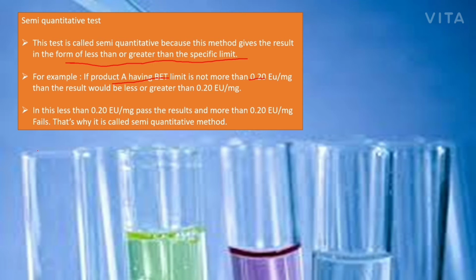If the result is less than the value given, the test passes. And if the value is more than 0.20 EU per mg, then the test fails for the presence of endotoxin. Only this is the difference between the two tests.